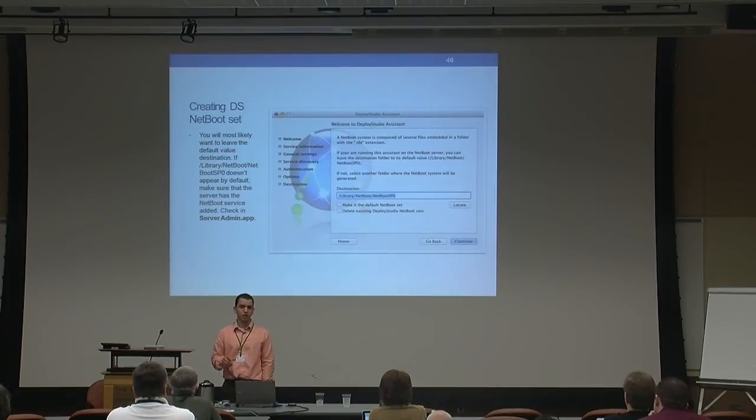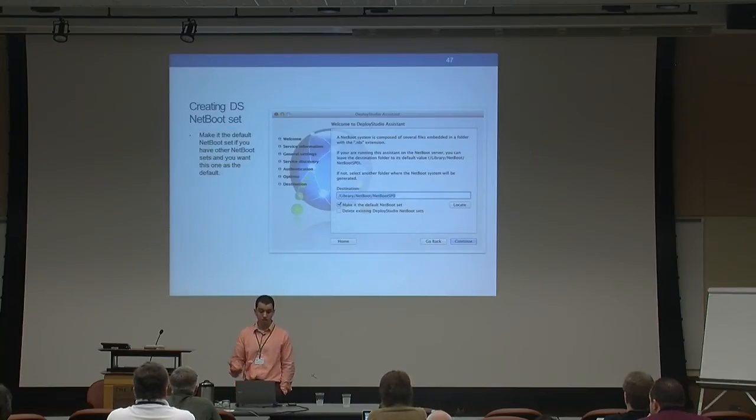If you haven't, I would recommend going back to the server admin app and checking that out just to make sure. I mean, you can create your NetBoot set anywhere else, but it should really go here by default, especially if you have the NetBoot service running. I would make it the default because you probably don't have another NetBoot set at this point if this is the first time you're doing this.